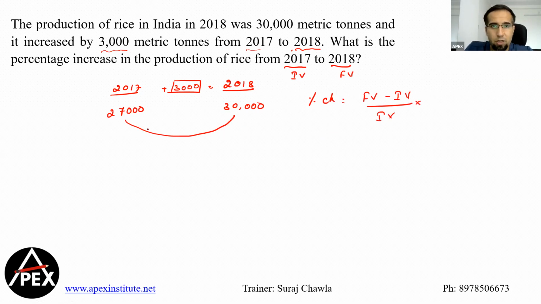So this is going to be 30 minus 27, that's going to be 3,000 by initial value, that is 27,000, multiplied by 100. So what do we get finally? Three zeros get cancelled, 3 ones are 3, 3 nines are 27. So eventually you have 100 by 9. 100 by 9 is 11.11 percent.